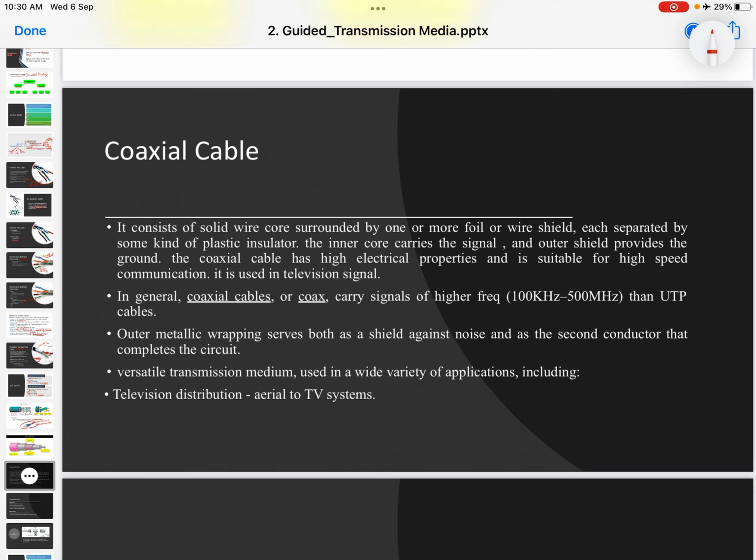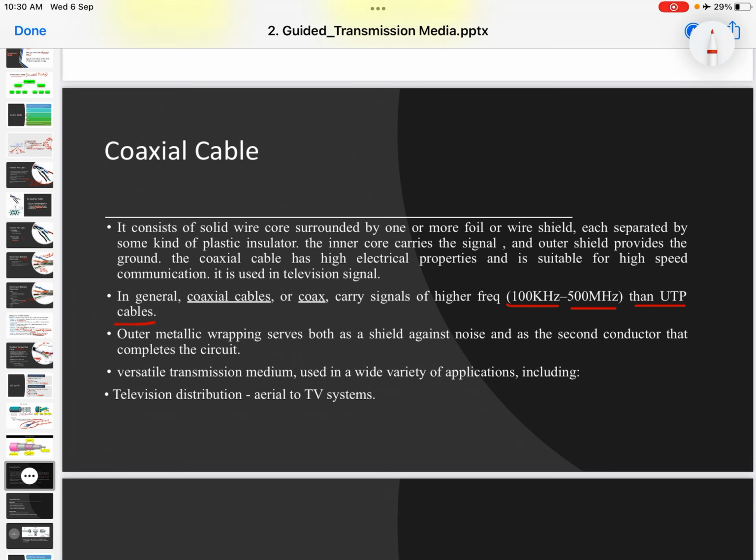The coaxial cable has high electric properties and is suitable for high speed communication. It is used in television signals. In general, coaxial cable or coax carries signals of higher frequency, 100 kHz to 500 MHz, than the UTP cables.